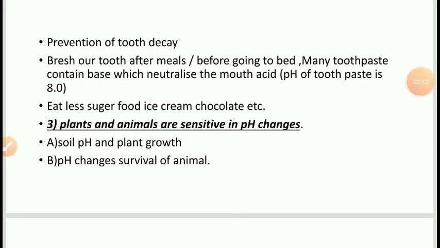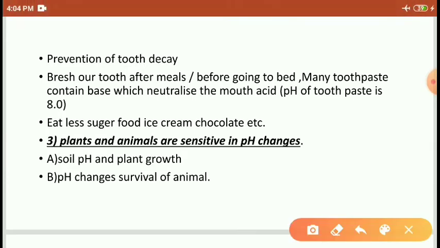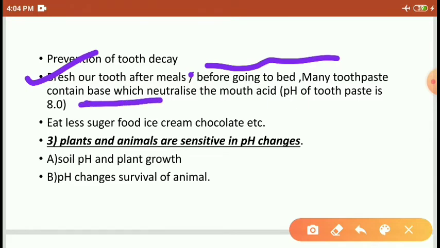So how to prevent tooth decay? As the doctor has suggested to us, you have to brush twice a day, or brush the teeth after meals or before going to bed. Many toothpastes contain a base, and in our mouth the acidic level increases as bacteria increase. So the bacteria are killed and the pH of the mouth is kept neutral.